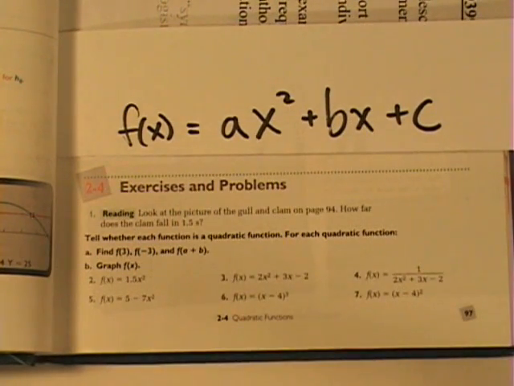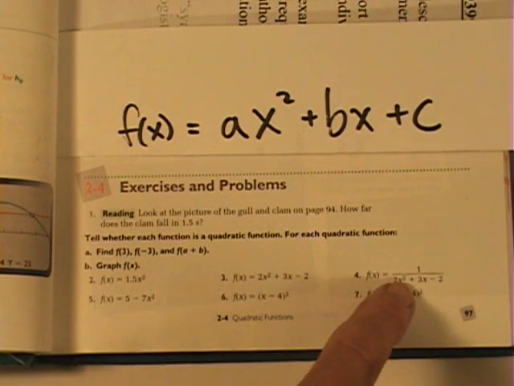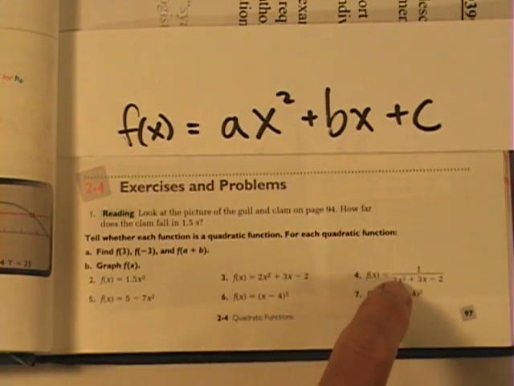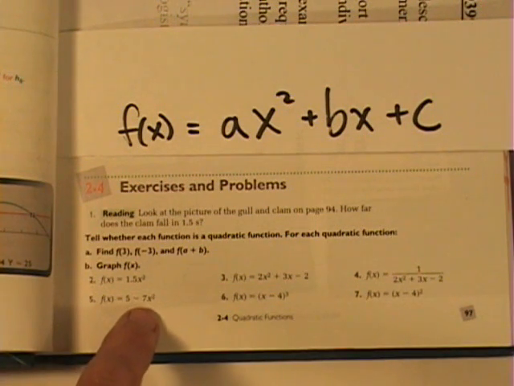Can you? Alright, let's see. Oh no, there's no way that you can transform this to be written as a quadratic. When x is in the denominator of a fraction, that's actually going to be a negative exponent on that.